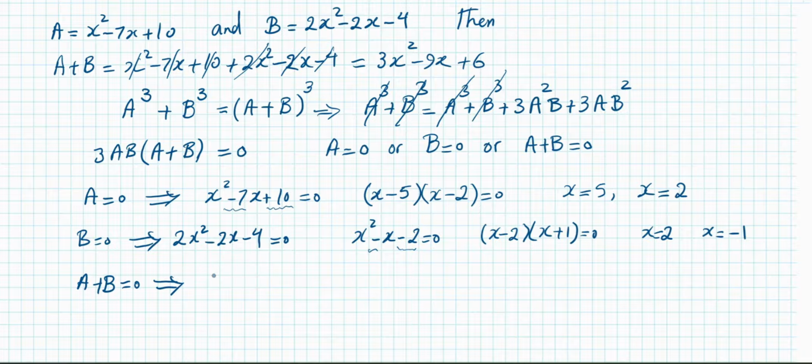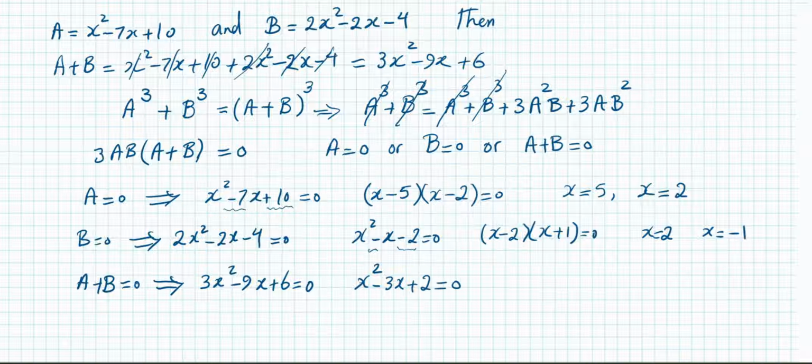That means 3x squared minus 9x plus 6 is 0. Dividing this equation by 3 would be x squared minus 3x plus 2 is 0.